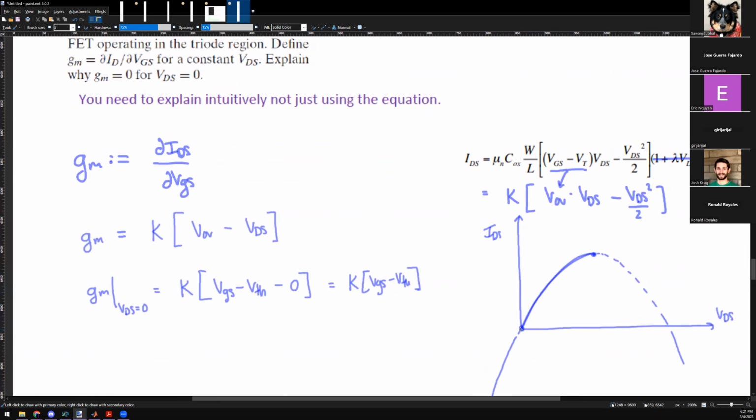If VDS is equal to 0, then IDS is 0. I know, you're finding this point, but the question is GM is the derivative here. If I take the derivative, in the real curve it goes up and then stays flat again, for saturation, right? The red curve is the real MOSFET.